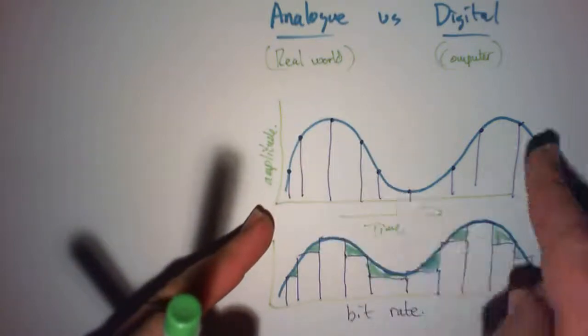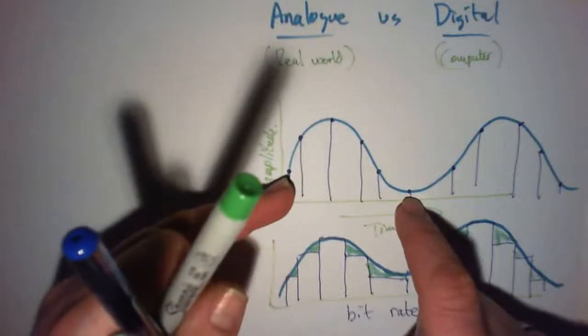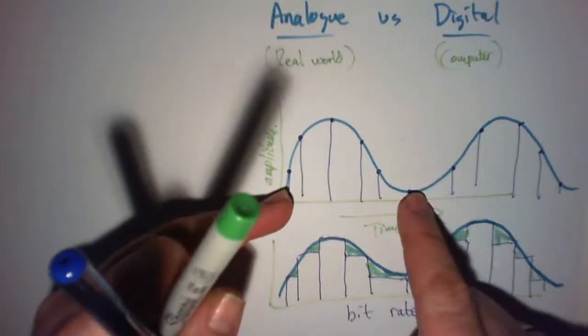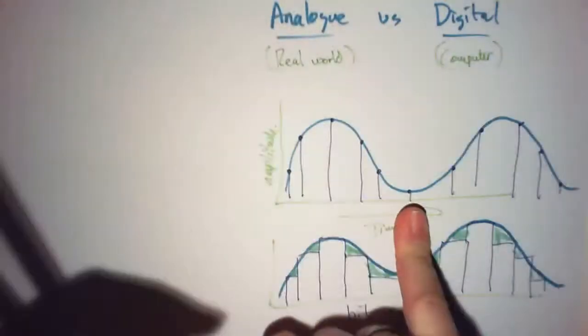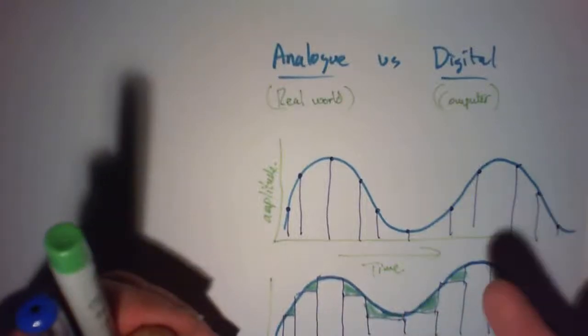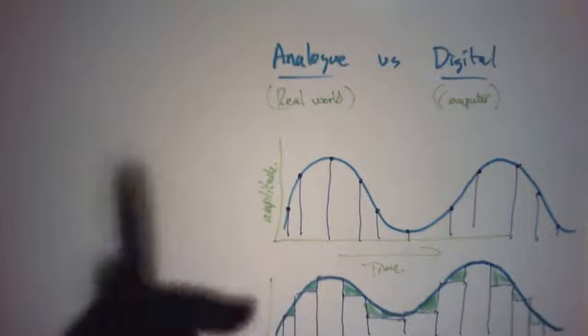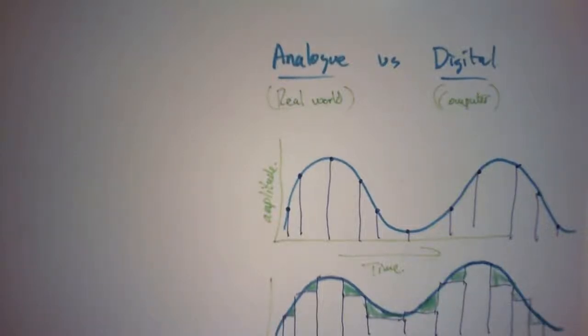It's the number of cycles that pass a given point. That's one cycle from there to there again. If I put my finger there, then how many of these pass there in a second is the hertz, the rate at which it's passing. And obviously, the more samples you take per hertz, the more likely you are to pick up those tiny inflections or those tiny little missing pieces of the puzzle as you go along.